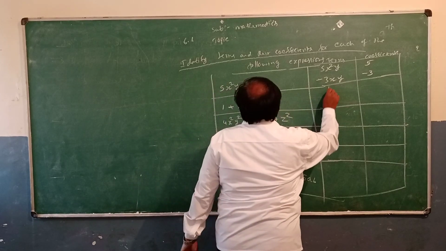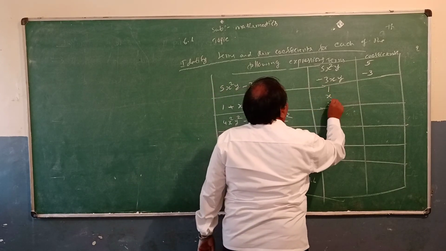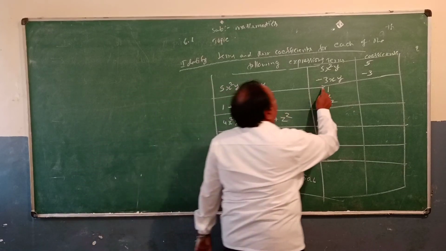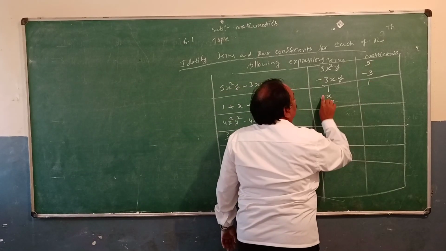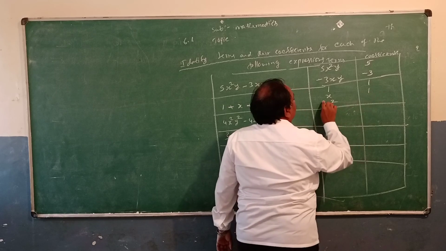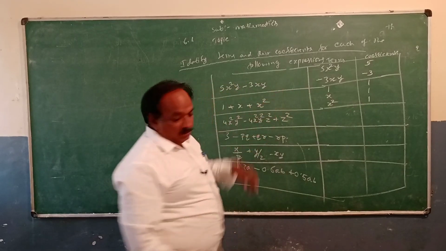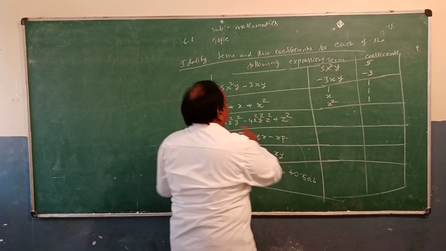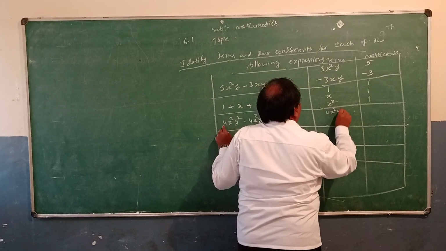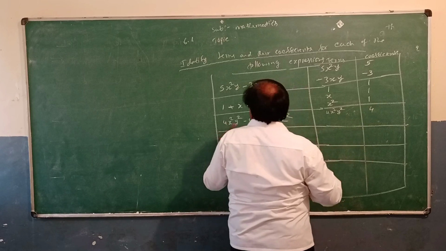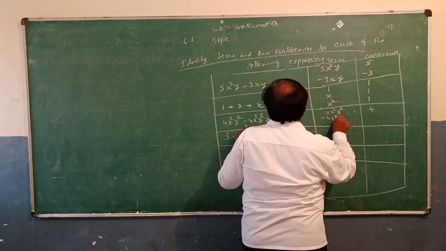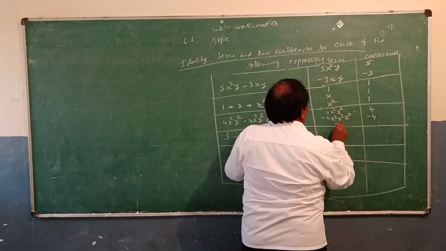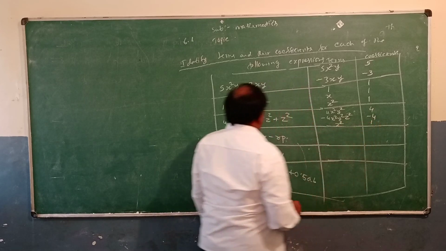Now here is 1x square. What is the numerical coefficient? 1. There is no number written, but this is the coefficient 1. And then 4x square y square, coefficient is 4. Minus 4x square y square z square, minus 4. z square, no number, so 1.